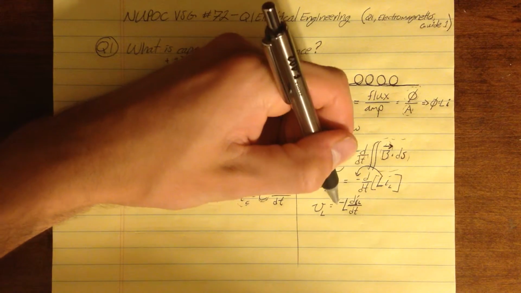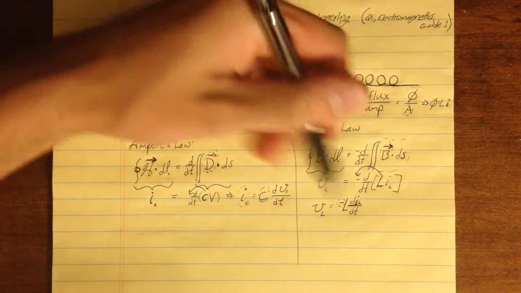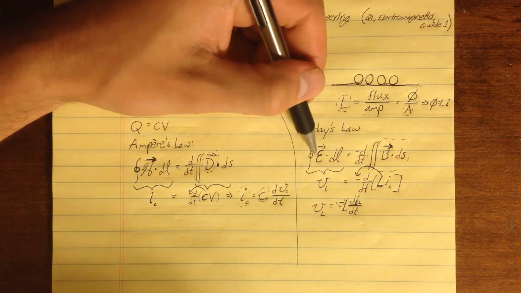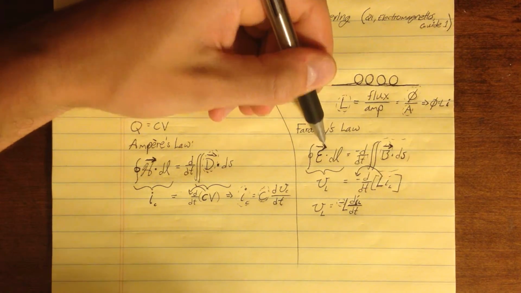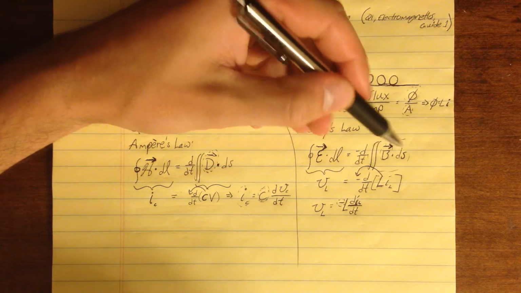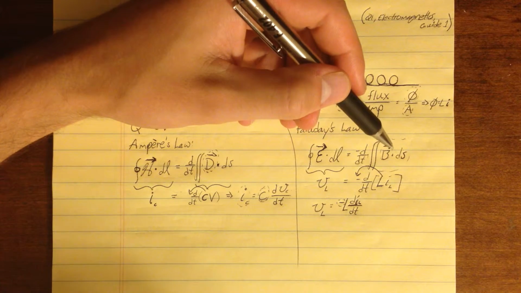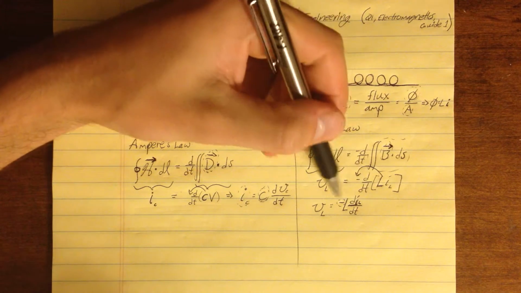And we have this minus sign floating around in here, and that's just due to the vector convention of Faraday's law. If we look at the vector direction of the electric field and the time derivative of a flux that's normal to the surface terminated on this loop, we end up with a negative sign.